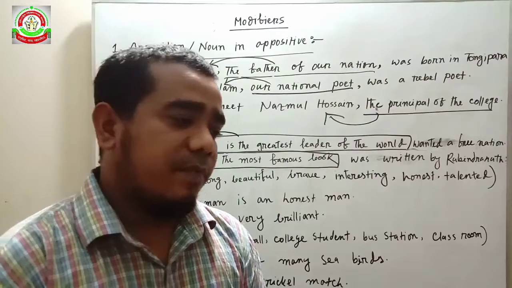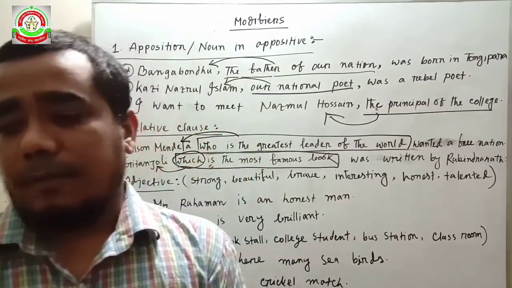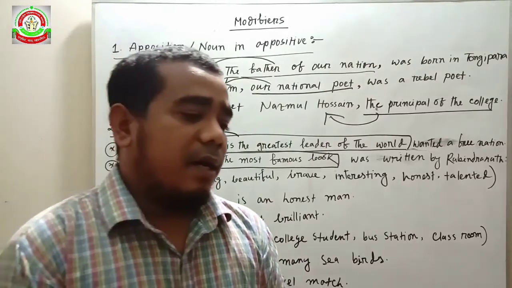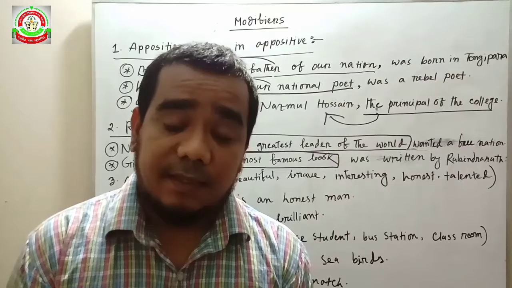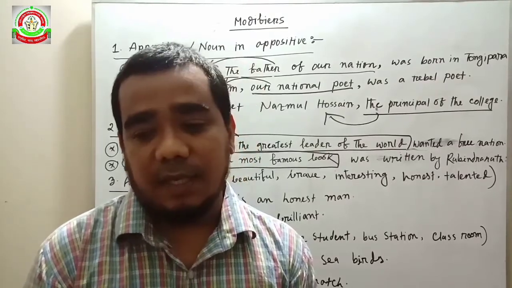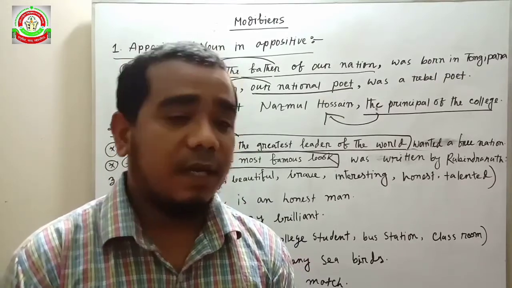But the question is, which adjective do you have to use in the sentence? Depending on the meaning of the sentence, you think which adjective is required, only depending on the meaning.